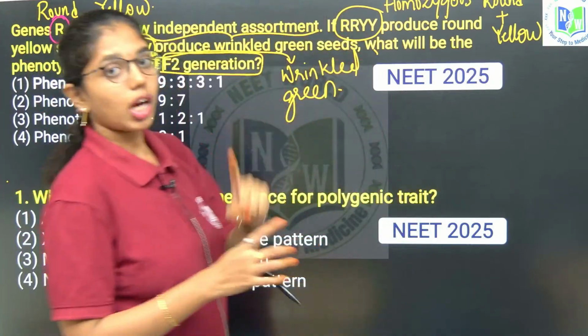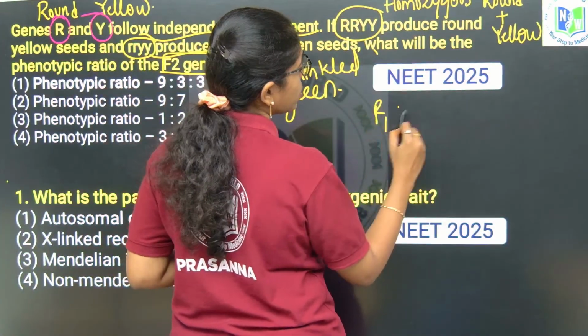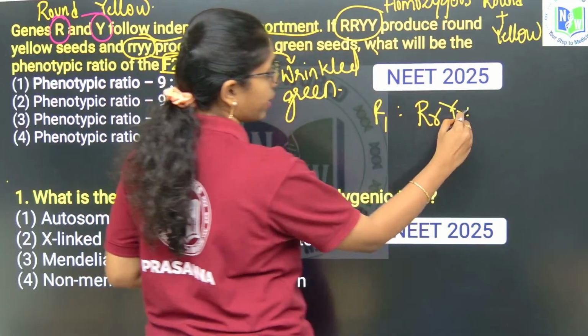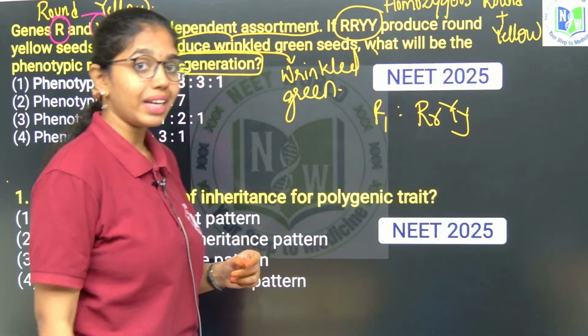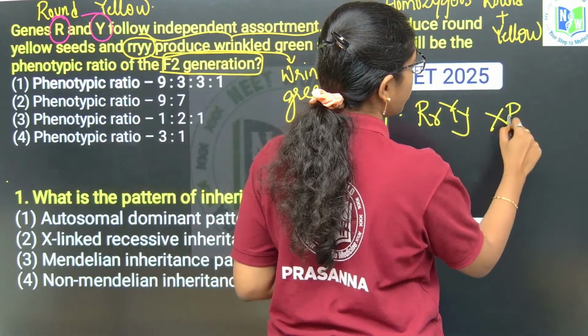After cross fertilization of the parental generation, you will get the F1 generation as heterozygous dominant. This heterozygous dominant F1 generation is self fertilized, or self pollination will be done.